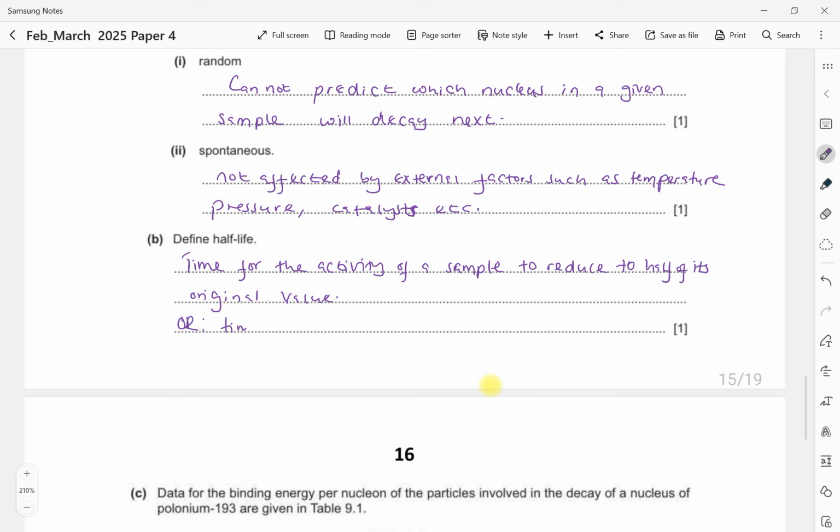Or you can say it is the time for the number of undecayed nuclei to reduce to half of the original value, or half of the original number.